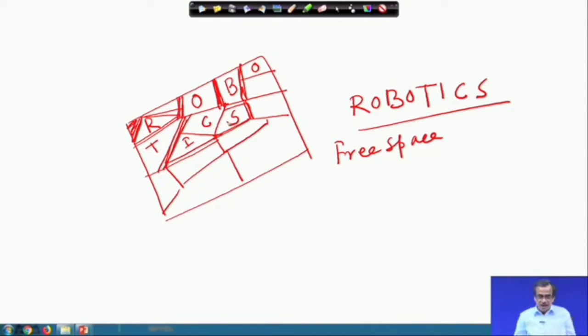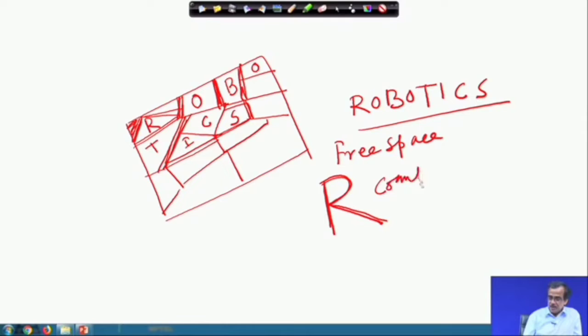Let me repeat: the first thing you will have to do is find out the free space, and once you have got the free space, you will have to write the word, these letters. Writing a letter on the board is not so easy, particularly for the robot, because whenever I am writing the letter, the marker is in touch with the board and there will be compliant motion.